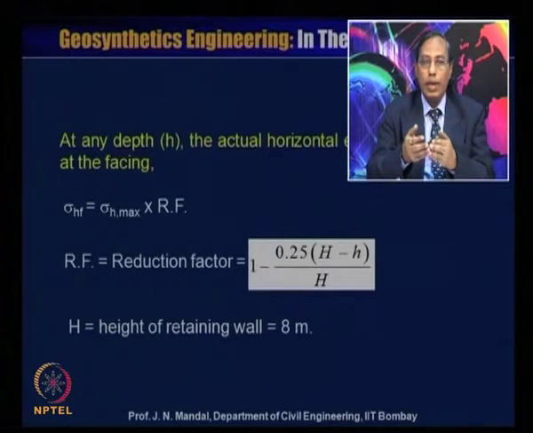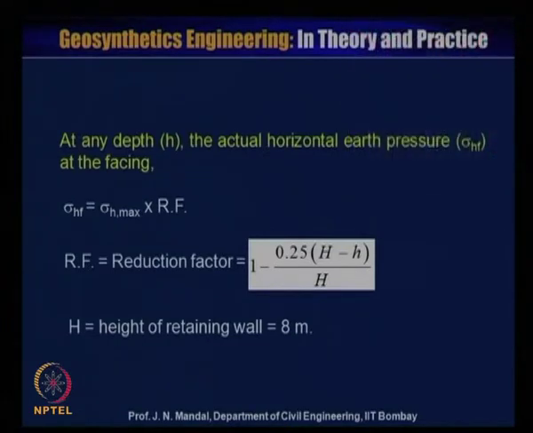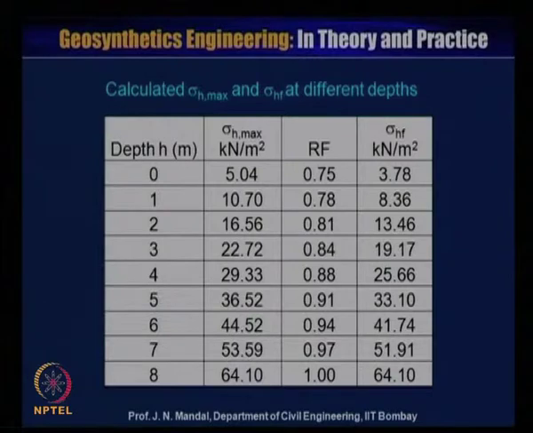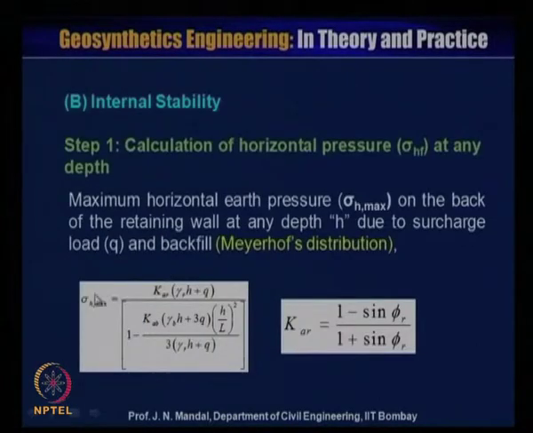If you know the reduction factor, then you can calculate the actual horizontal earth pressure at the facing, which is called sigma HF, and you know the height of the wall H is equal to 8 meter. So with this equation, for this wall of about 8 meter, at any depth you can calculate what will be the sigma H maximum. All these values are known to you.